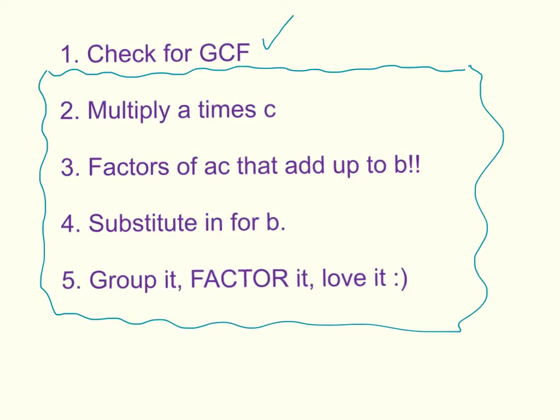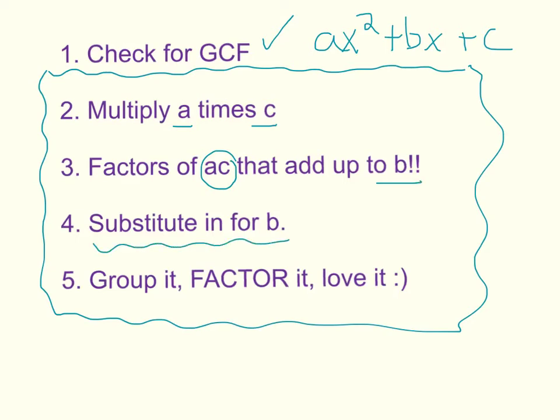So we have to multiply a times c together, so let's remember ax squared plus bx plus c. And then we have to find factors of a times c that add up to b. Substitute those in for b, group it, factor it, and love it. So I will try to make sense of those steps in a minute.